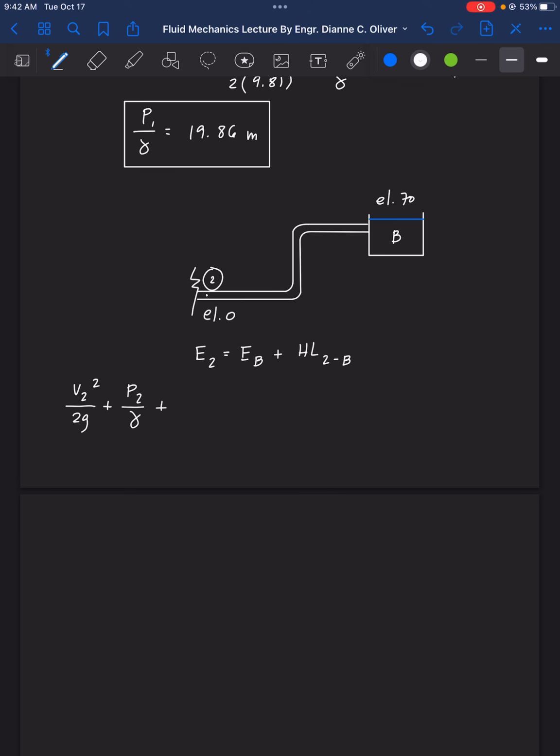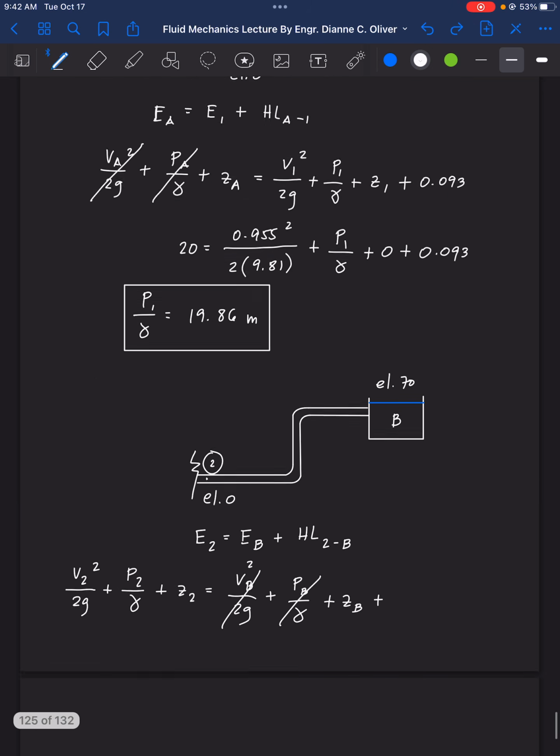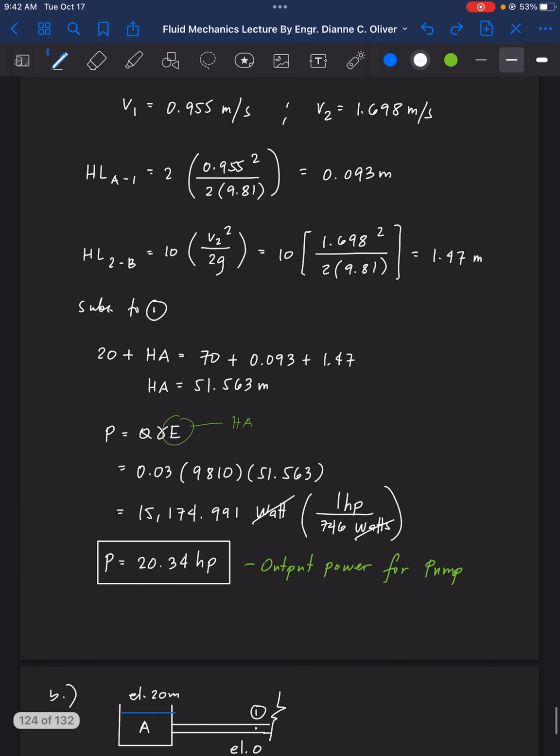And then the elevation here is 0, equal to the pressure head, and the velocity head at the reservoir is 0. The pressure head at reservoir B is 0, but it has elevation head and the value for head loss to B. Head loss to B there, it's 1.47.